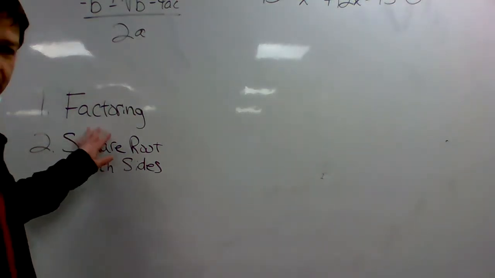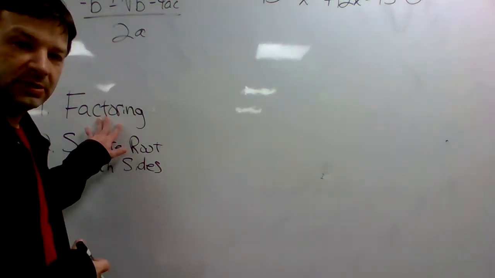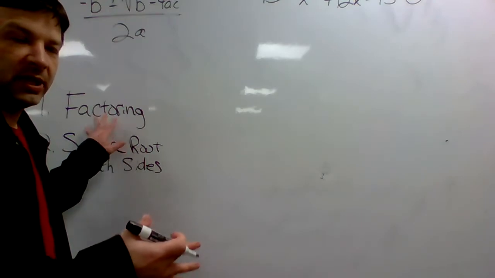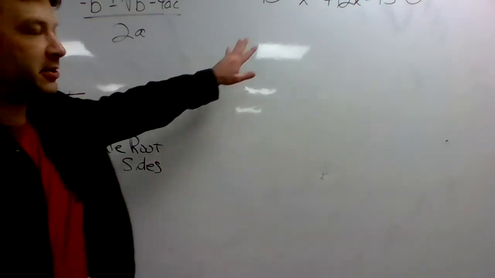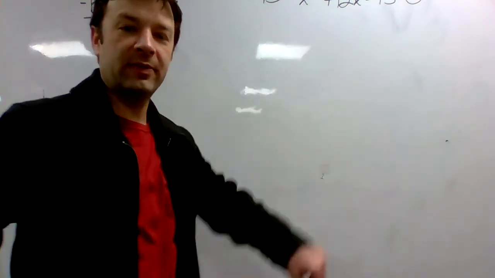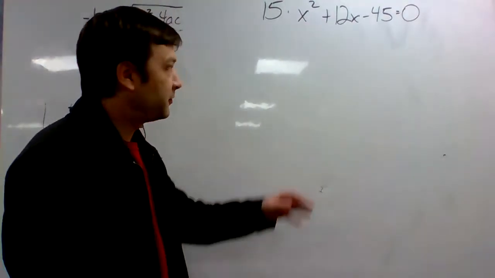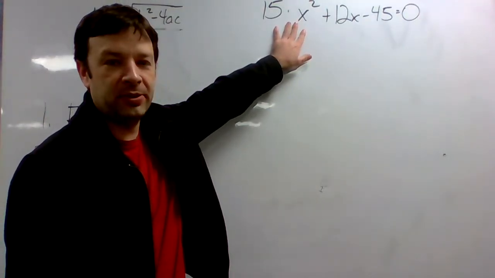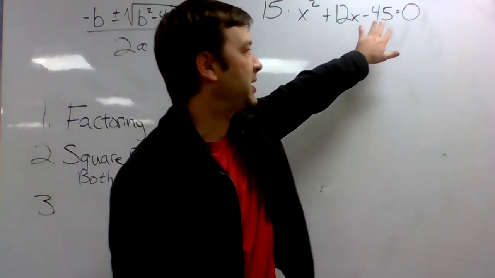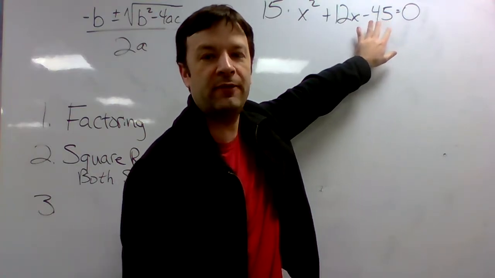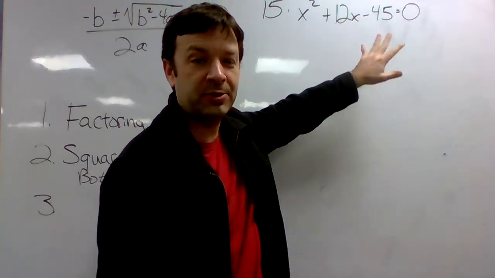Okay, factoring only works if it's factorable. On number 15, you'd have to say, is it factorable? Can two things go into negative 45 that add up to 12?